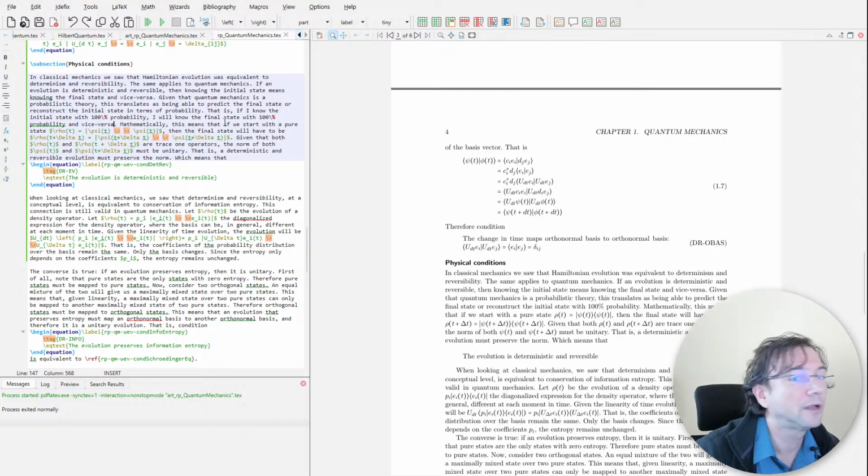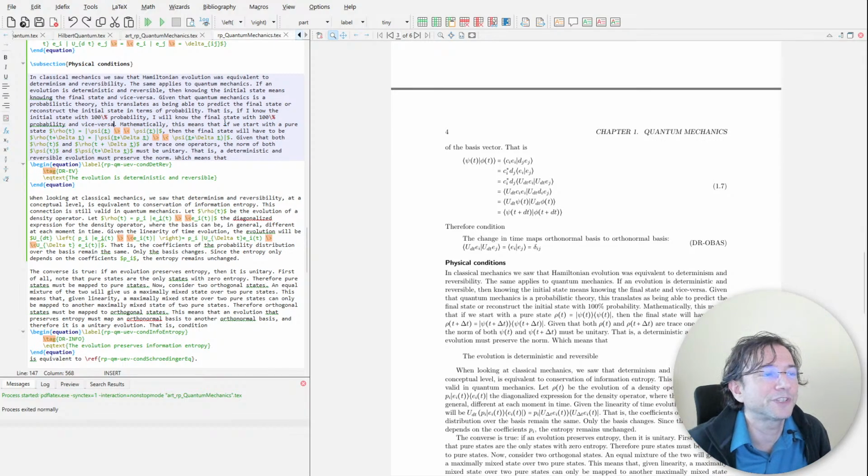There you go. And so essentially the preservation of the inner product means that you're preserving all probabilities.